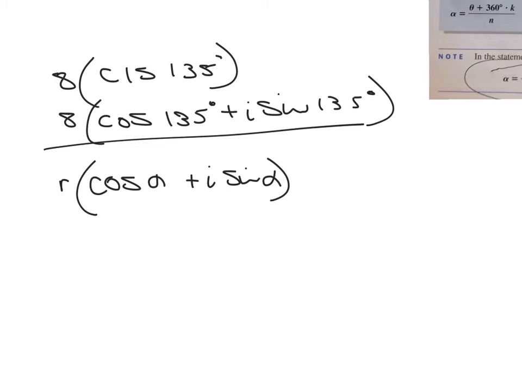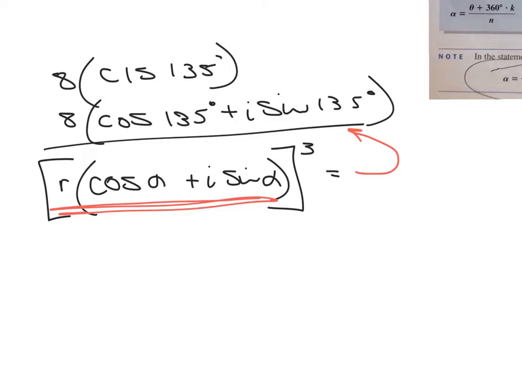There is a number that if I take this and cube it, I will get that. Let me say that again. If I multiply this whole thing times itself 3 times, I will get that.